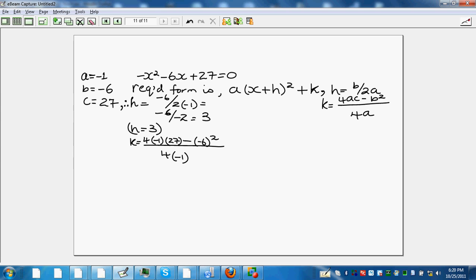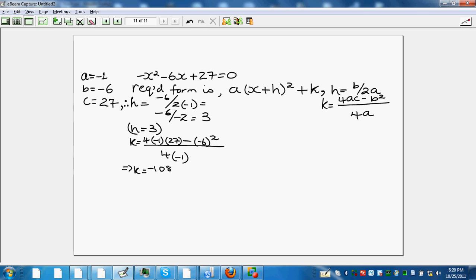So this implies that k is 4 by minus 1 by 27, which is minus 108, because 4 by minus 1 is minus 4, and minus 4 by 27 is minus 108.